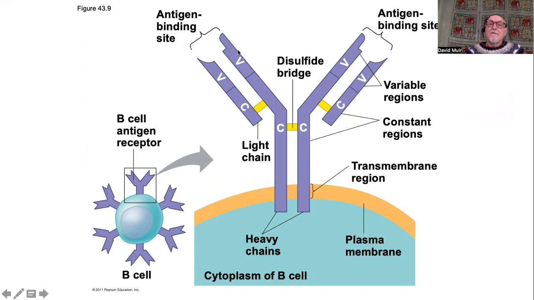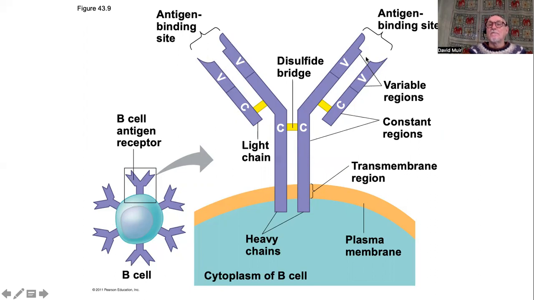And this is what gives each B cell its individual character. Because these variable regions are generated at random in the bone marrow when these cells differentiate from the stem cell. As they are produced, all of the receptors on one B cell have identical variable regions. So they all bind exactly the same antigen.